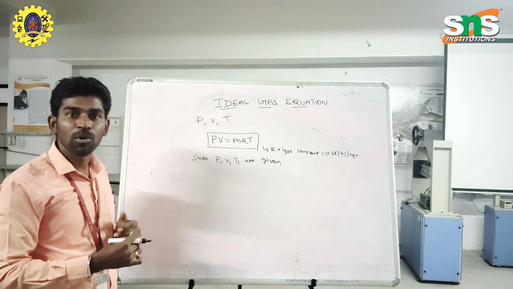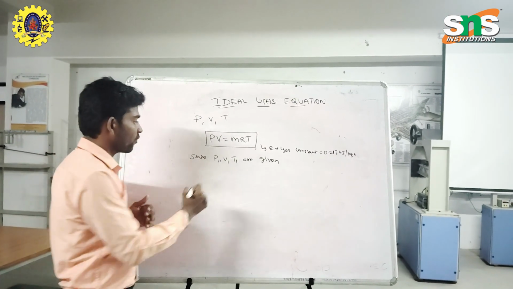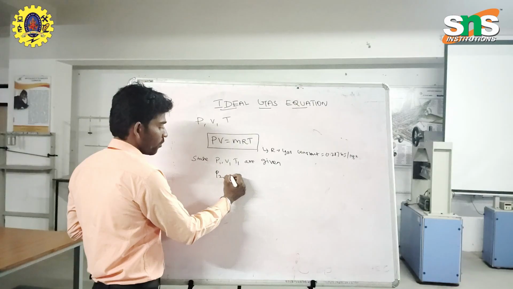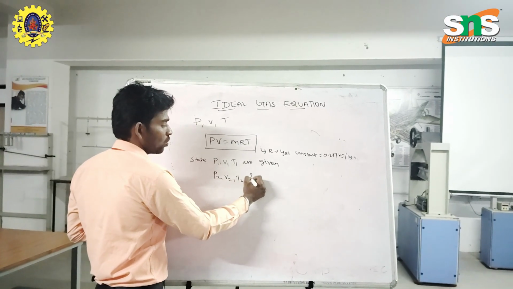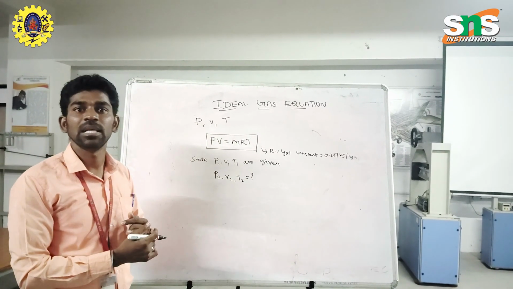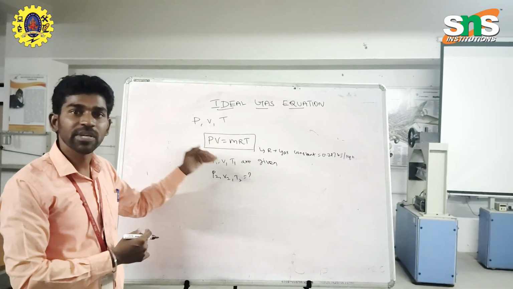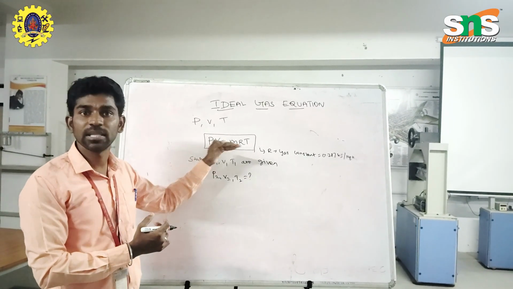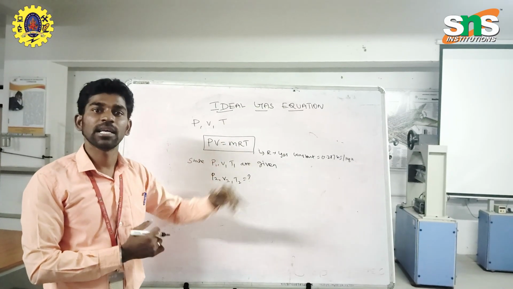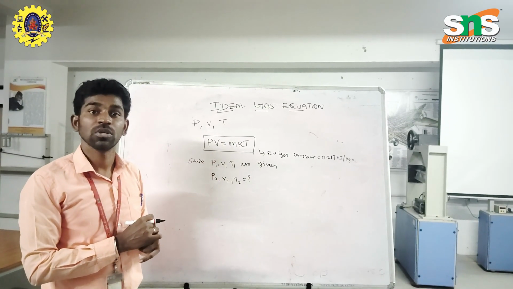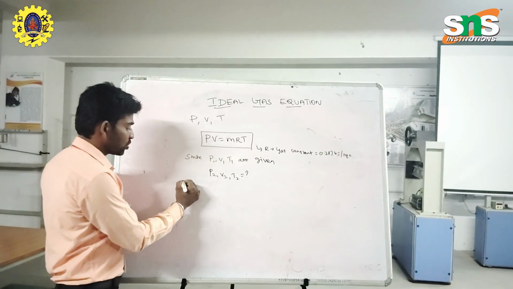But we don't know the leaving section's P2, V2 and T2. So we have to substitute these values in this gas equation. At that time we get the other values using the cycle concepts.